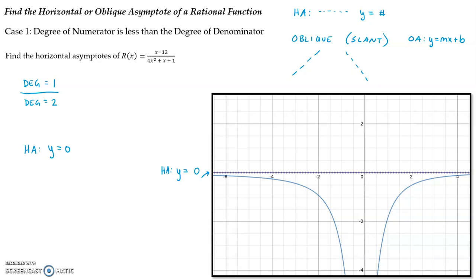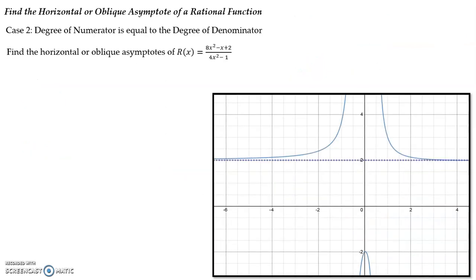Let's go ahead and take a look at case 2. Case 2 is where our degree of the numerator is equal to the degree of the denominator. So let's go ahead and work with a different function here.